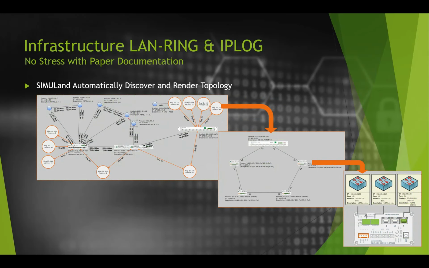LLDP or Link Layer Discovery Protocol is the second layer protocol of the OSI model, defined in the IEEE 802.1ab standard. It allows network devices to obtain information about neighboring devices and their configuration.